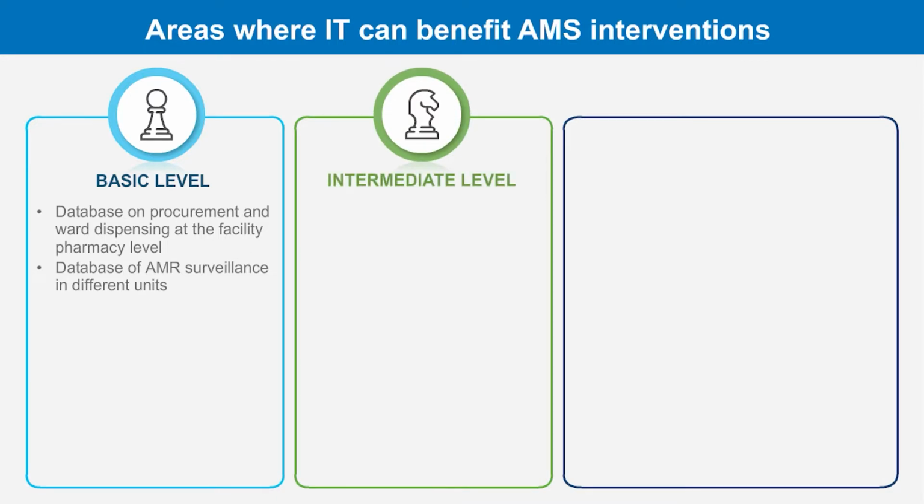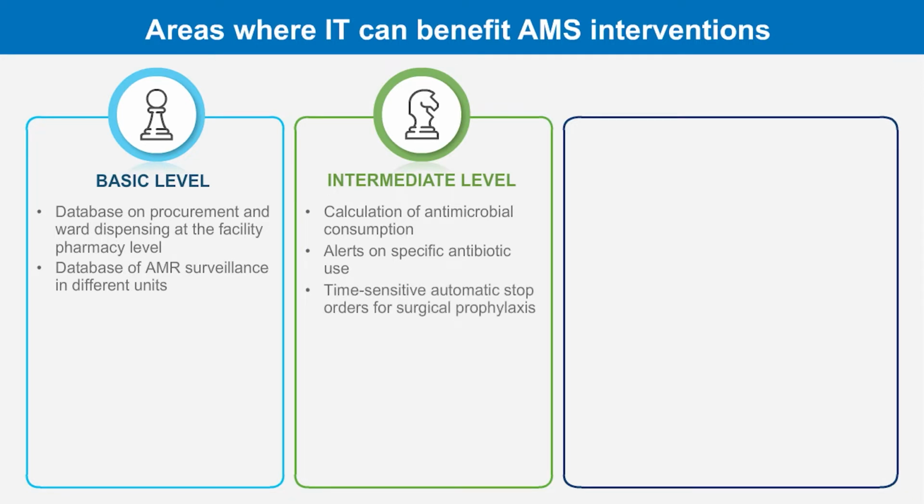At an intermediate level, IT can help in areas such as calculation of antimicrobial consumption, for example, in defined daily dose or DDD per 1,000 inpatients per day, alerts on specific antibiotic use, time-sensitive automatic stop orders for surgical prophylaxis, electronic guidelines, for example, via electronic mailings to prescribers or in the intranet, apps for doing point prevalence surveys.